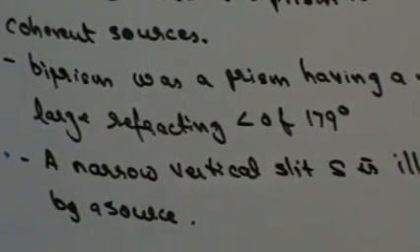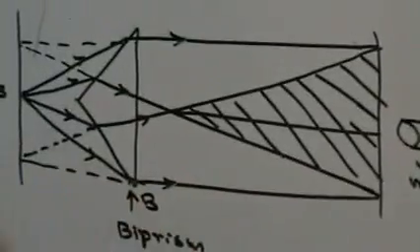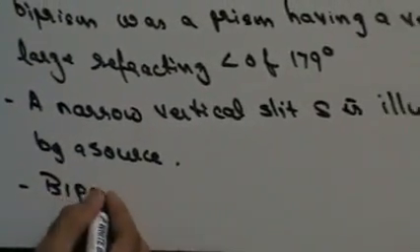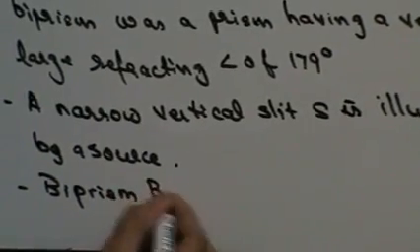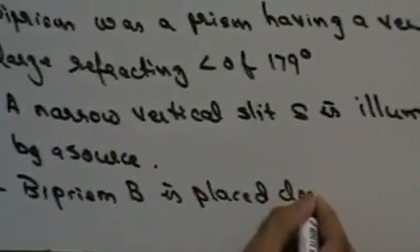In that case, the biprism B, this is your biprism B, is placed close to the slit.